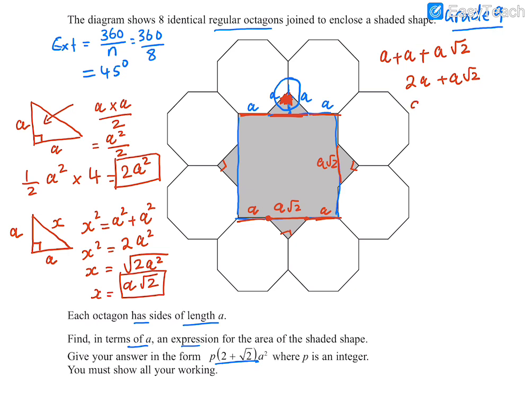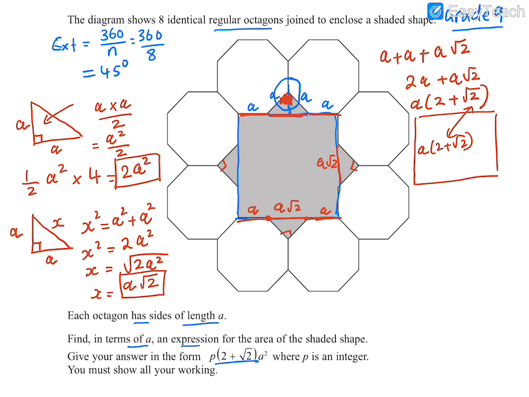But I'm just going to factorize that first, just to make it a little easier to multiply out. So that's the side of one square. Remember, the other side of the full square is also A times 2 plus root 2, and we're going to multiply these 2 together.